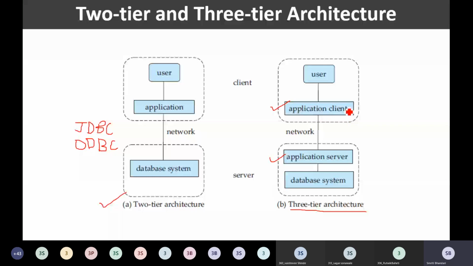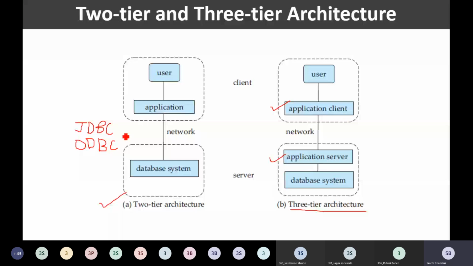So I am browsing using one browser, and I am submitting the requests to the application server, and the business logic is deployed at this application server and not at the client side. Please remember, that is the difference.